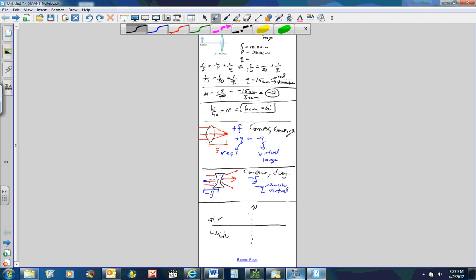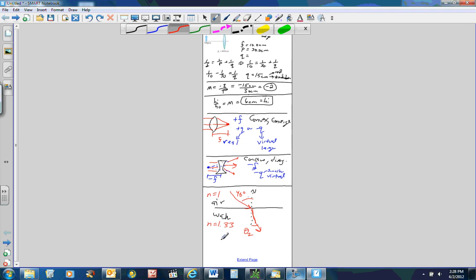And I have a light ray that comes from air, which is n equals 1. And let's call that 40 degrees. Then what's going to be the angle here? Well, first of all, since this is n equals 1 and this is n equals 1.33, it's going to bend toward the normal. It's going to slow down, and it's going to change direction so that this angle here, which we'll call theta 2 or theta r, is going to be less than 40.